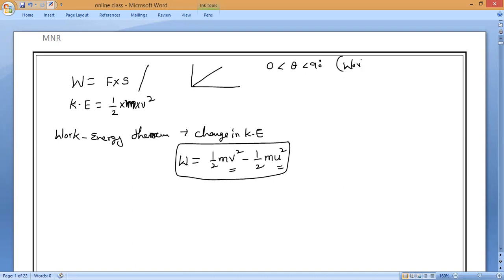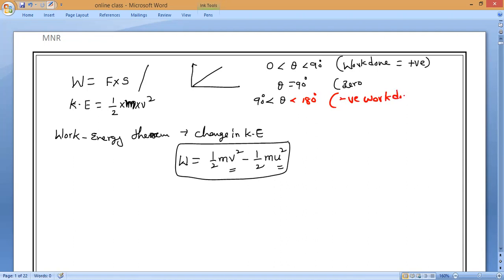If theta is equal to 90 degrees, the work done is zero. And when theta varies from 90 to 180 degrees, the work done is negative. We call it negative work done.